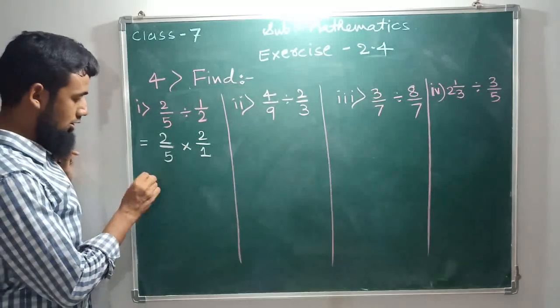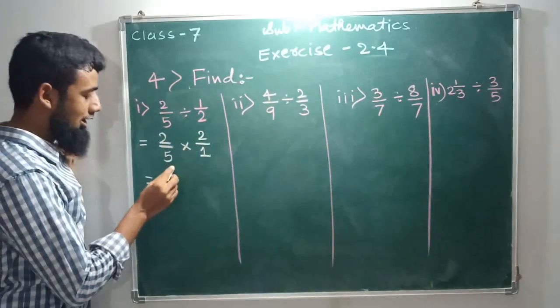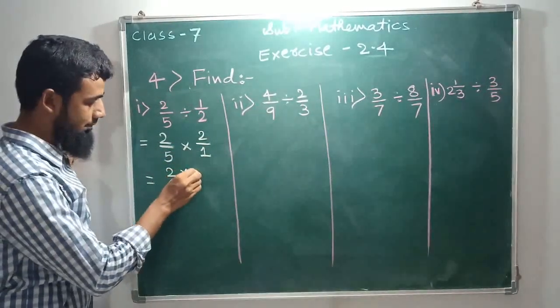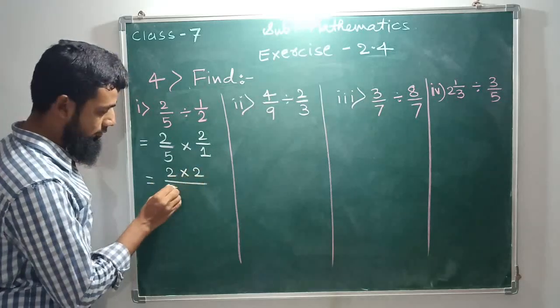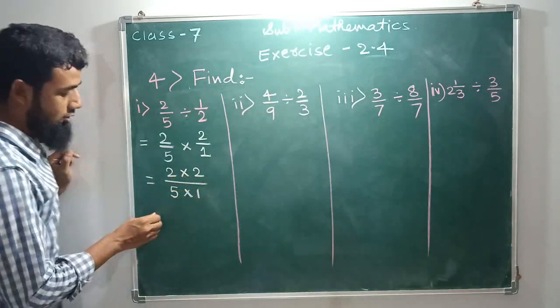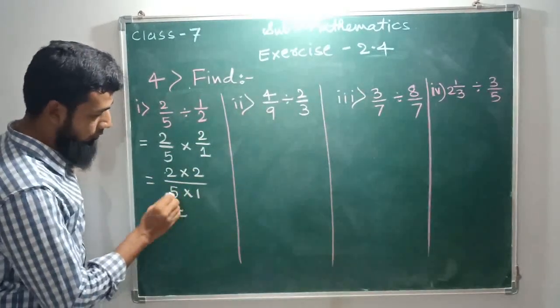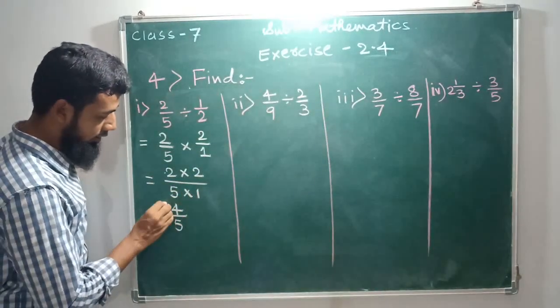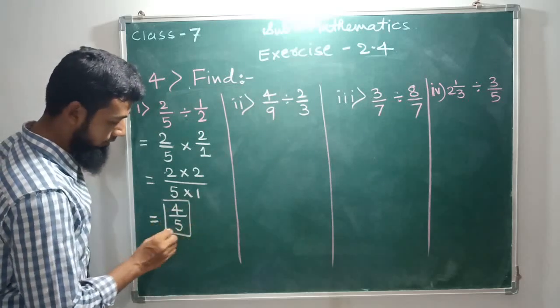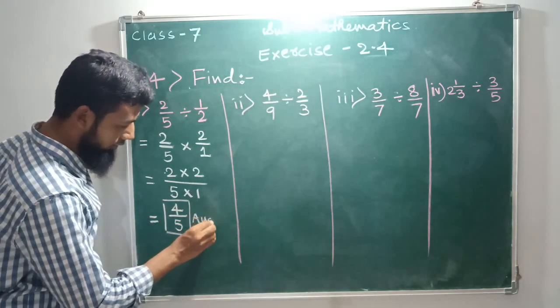Understood? Now multiply all the numerators: 2 times 2 is 4, and 5 times 1 is 5. So beta, it is your answer.